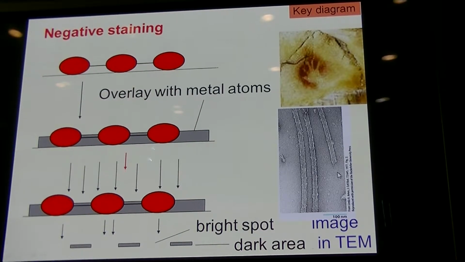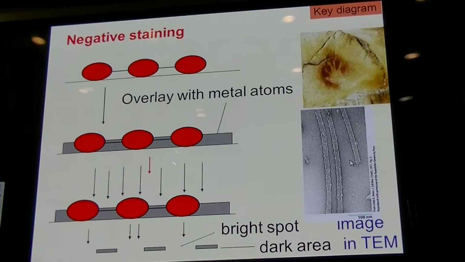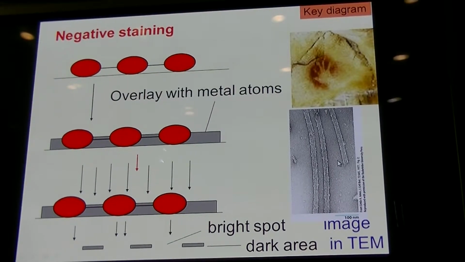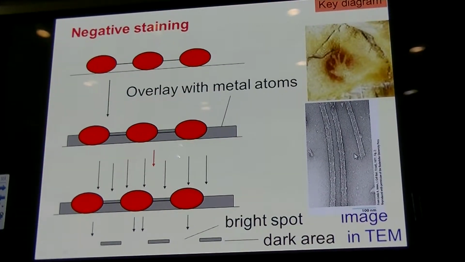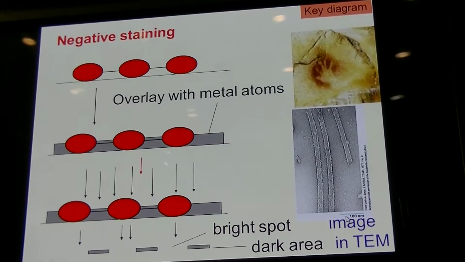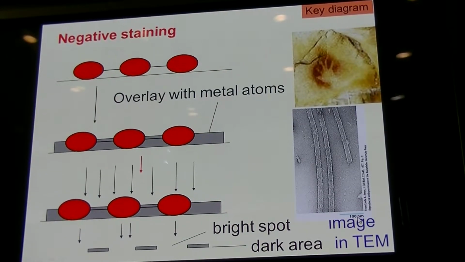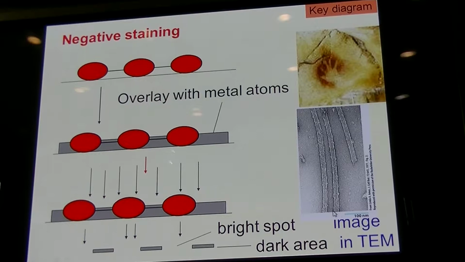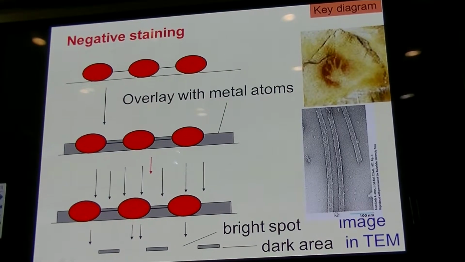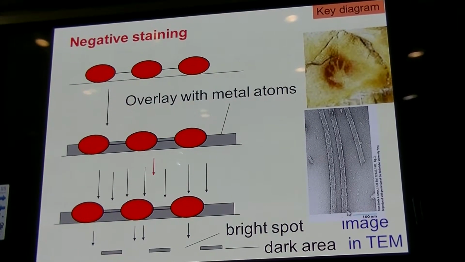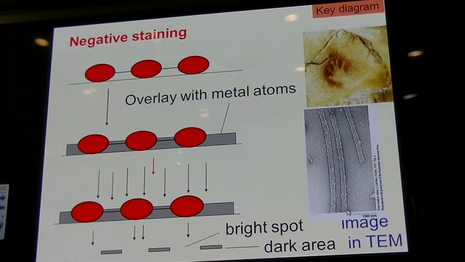Some salts actually make it in. And the resulting image is this negative stain. You really get the sense that this is a tube-like structure. All right, and this is just 100 nanometers here, the scale bar. So you see we're really looking at resolution in the, say, 10 to 5 nanometer range, which is pretty low.